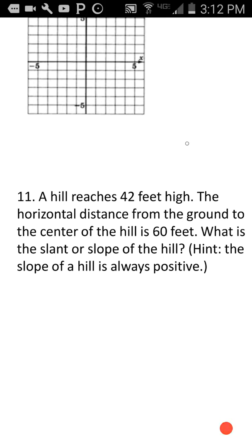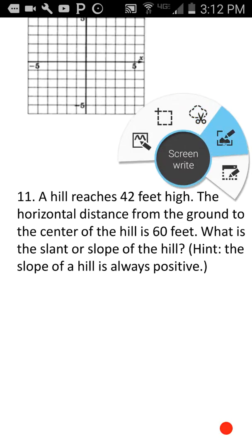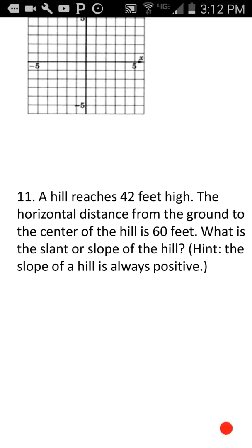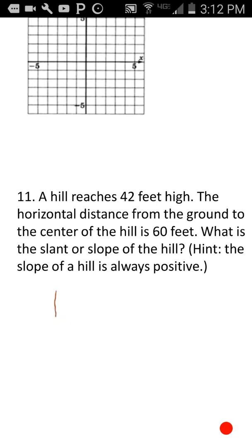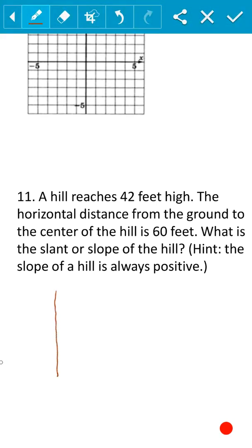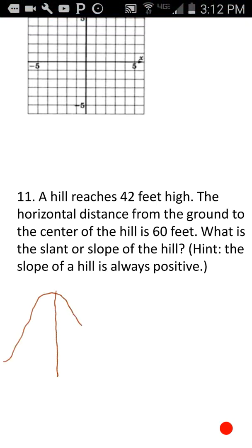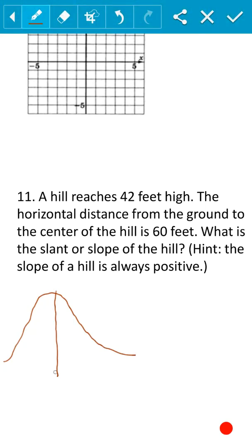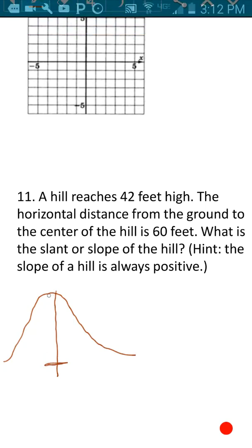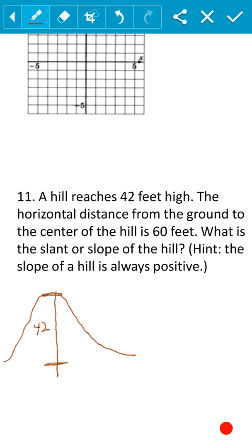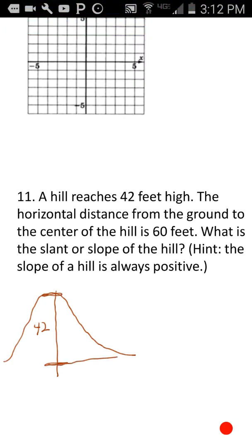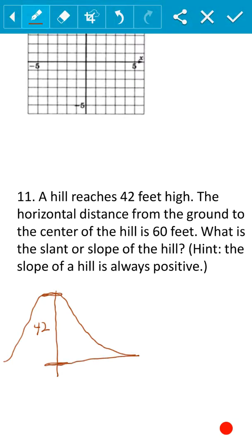So again, we had a similar problem to this earlier. We have a hill that reaches 42 feet high. So we're going to draw a funny looking hill. And this distance is 42 feet. And the center of the hill is 60 feet from the base of the hill.